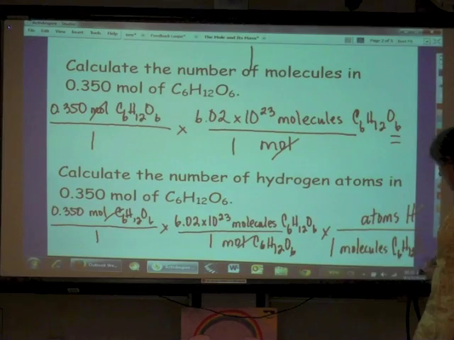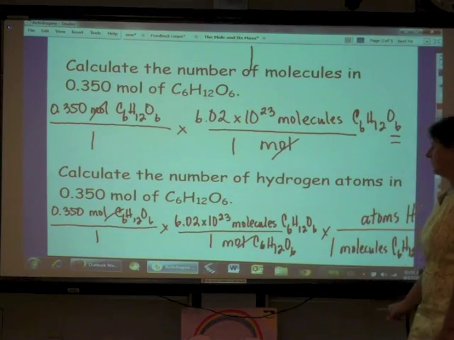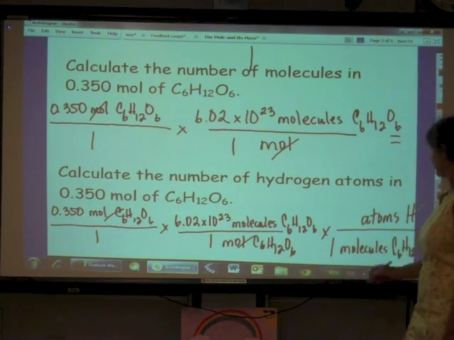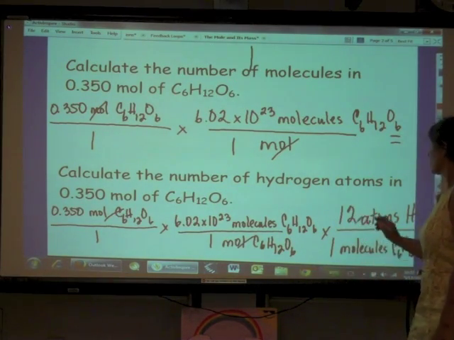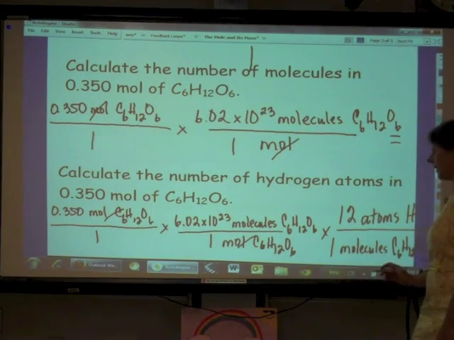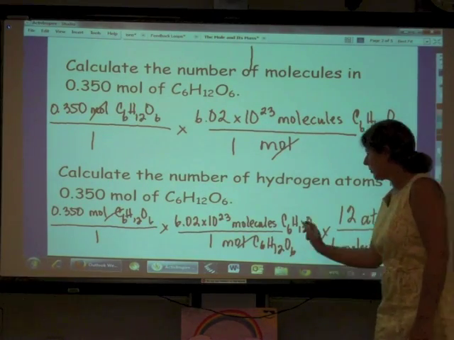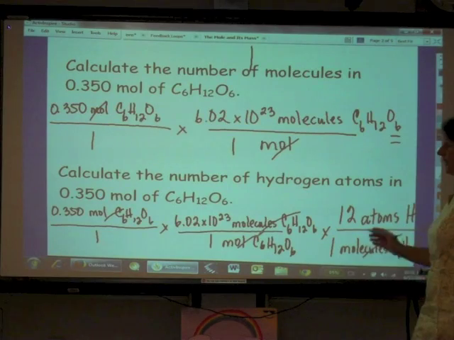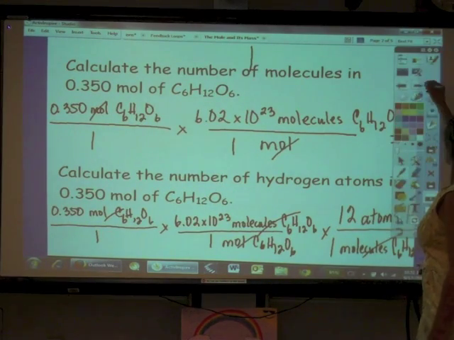In this molecule of glucose, for every 1 molecule, how many hydrogen atoms are there? 12. So there are 12 atoms of hydrogen for every 1 molecule. Okay, and so then I can cancel my molecules, and you're going to calculate it. All right, let's do some more.